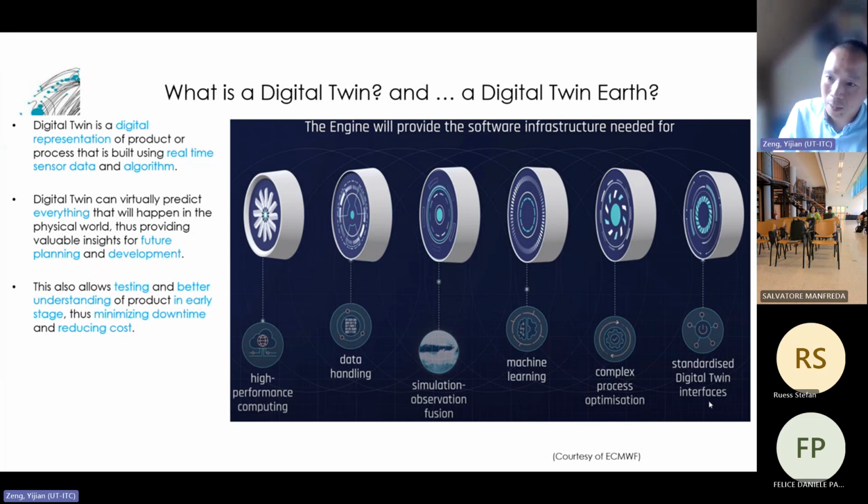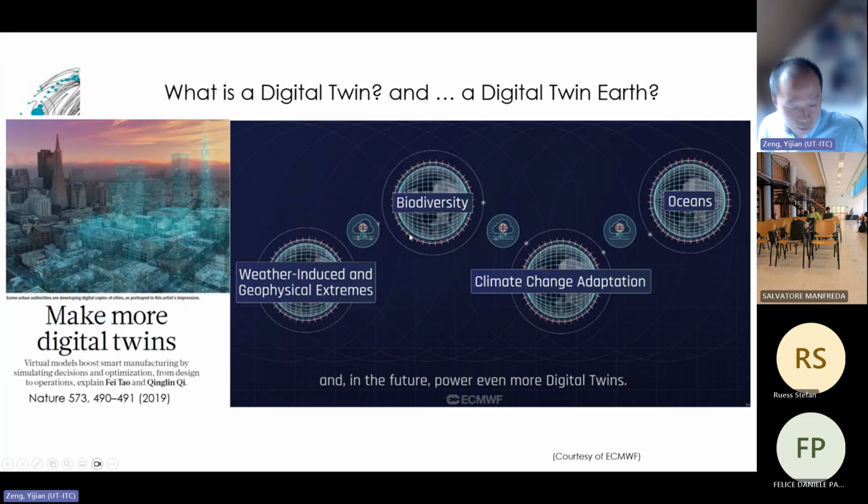This will be very convenient for the community to synthesize the efforts from different groups when you standardize this digital twin interface, because when you develop, let's say, I will come to it in the next slide, it's easier.